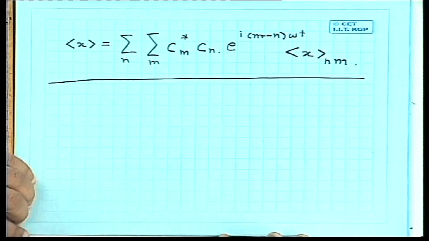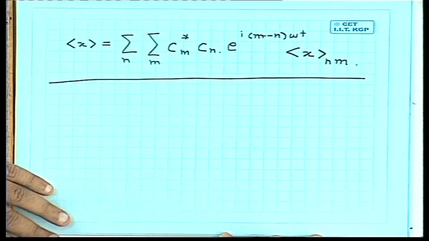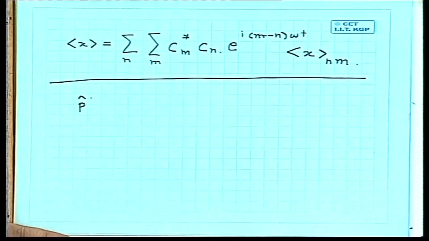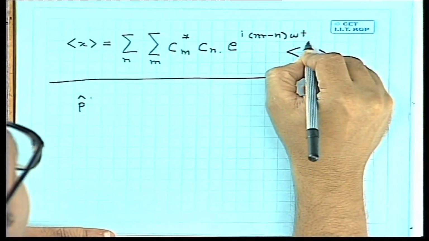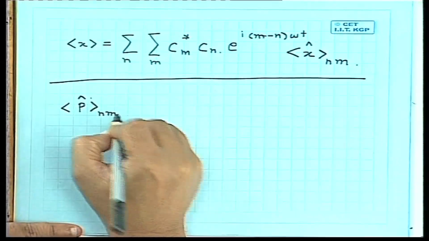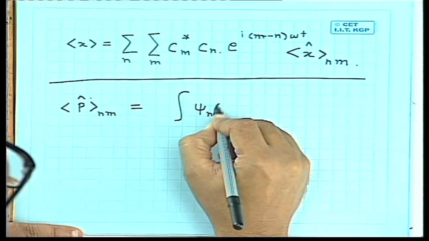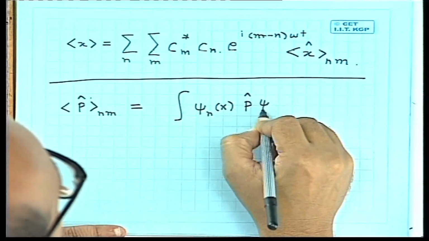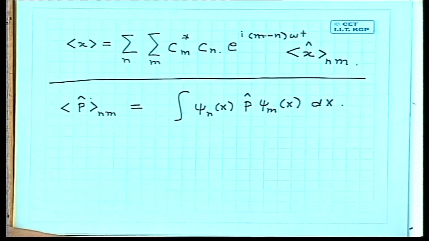You can similarly work out the matrix representation of any other operator. For example, we can work out the matrix representation of the operator P. This is the matrix representation of the operator X, and the matrix representation of the operator P will be the integral of psi n x, P acting on psi m x, dx.